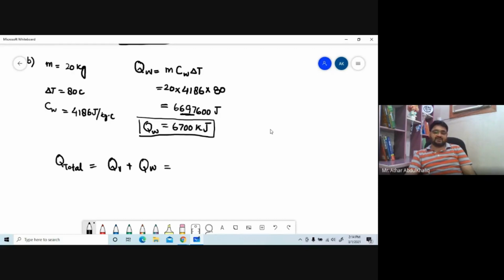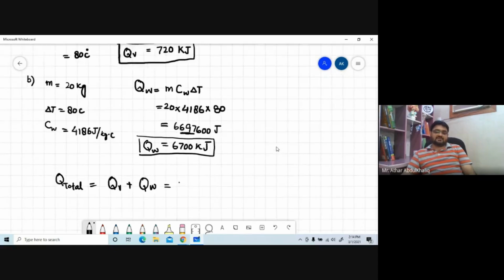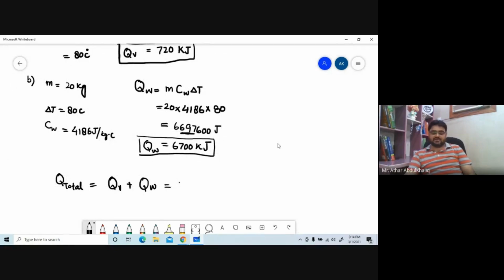For the vat, it was 720 kilojoule, and for the water it was 6700 kilojoule.